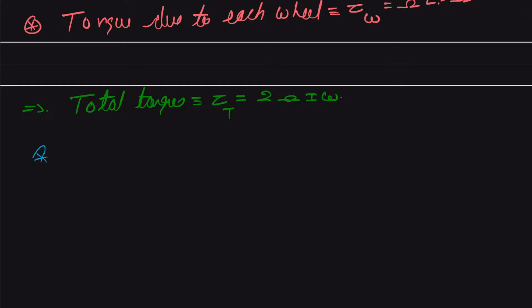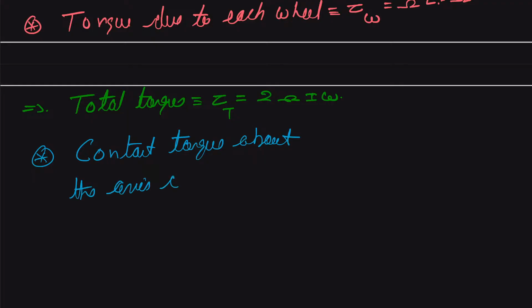We can say that the contact torque, because both are contact forces, about the axis center, let us call this tau c, will be equal to because of our left, because of our right, multiplied by the lever arm, that is L by 2.